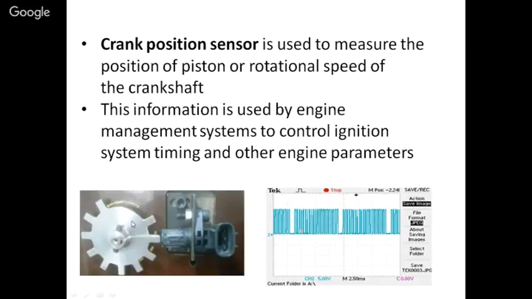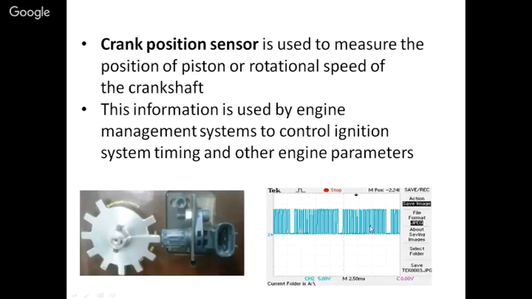Now as this toothed wheel rotates, each tooth will pass in front of the sensor at regular intervals depending upon the speed of the crankshaft. As we said, we have Hall effect type or inductive type sensors. Each tooth passing in front of the sensor will give one pulse.